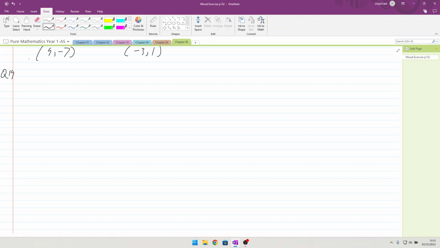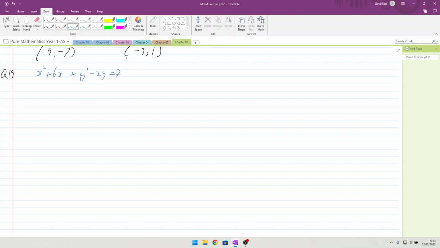Okay, a circle has an equation that is x squared plus 6x plus y squared minus 2y equals 7, and the lines L1, L2 are tangents to the circle.